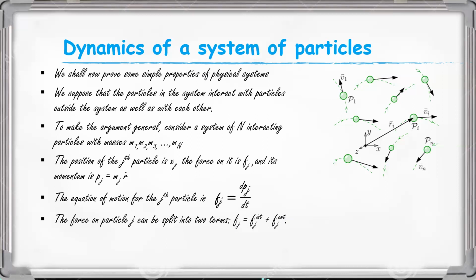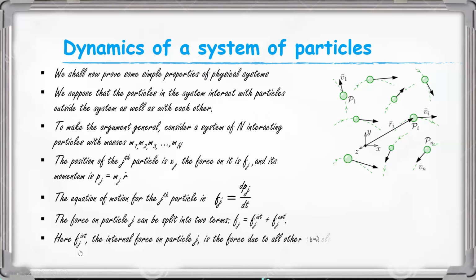Because on each particle, there must be internal forces, the forces between the particles in the system. And there may be external force acting on the system. So there is an effect of such force on each particle in the system. So the force on any particle is the combination of internal forces and external forces.